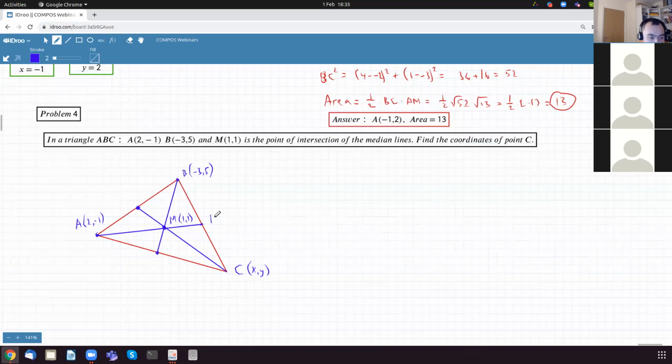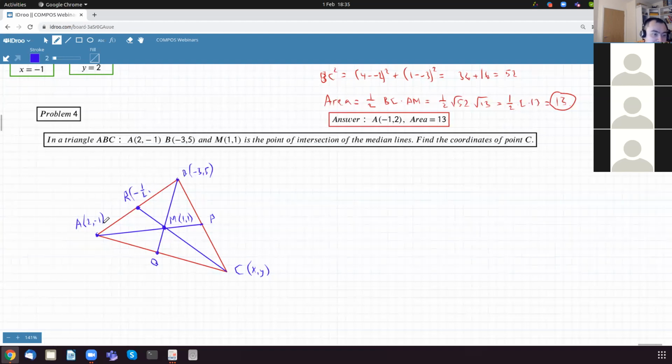So let's label this P, Q, R, and R is the midpoint of AB, so that's easy. That is 2 plus minus 3, which is -1 over 2, so -1/2.